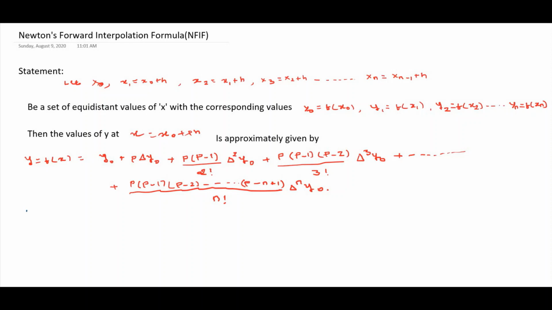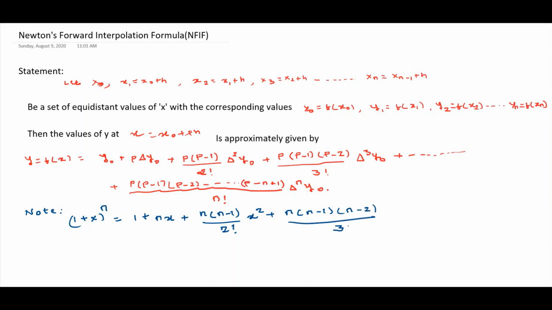Here, to prove this formula, we can use the formula (1 plus x) whole raised to n is equal to 1 plus nx plus n into n minus 1 divided by 2 factorial into x square plus n into n minus 1 into n minus 2 divided by 3 factorial into x cube plus and so on.